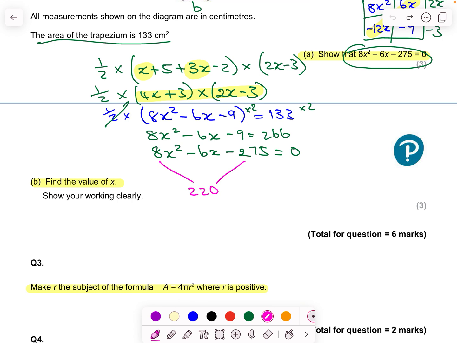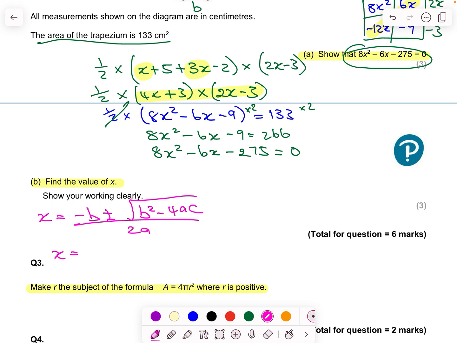Yeah, too big. Right, so x equals minus b plus or minus the square root of b squared minus 4ac all over 2a. So x equals minus b. So this is this bit. So it's already minus 6.